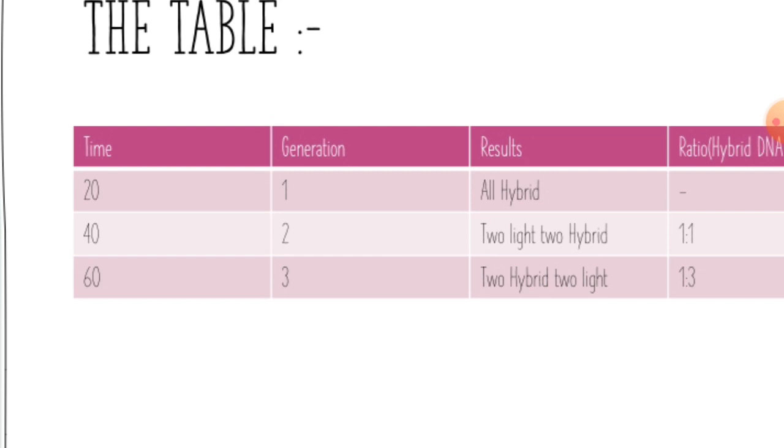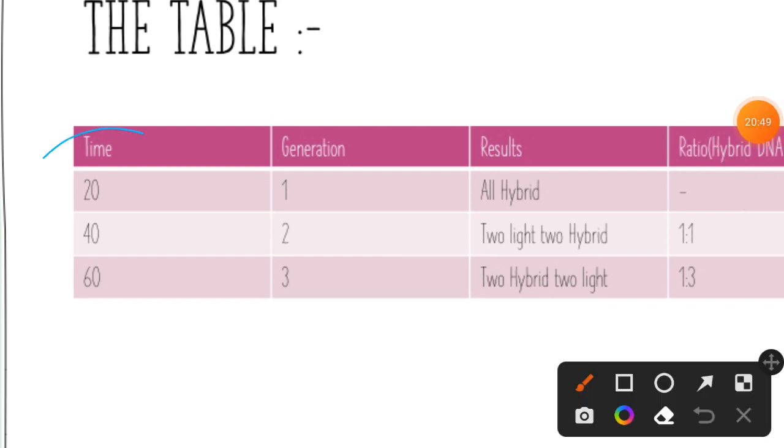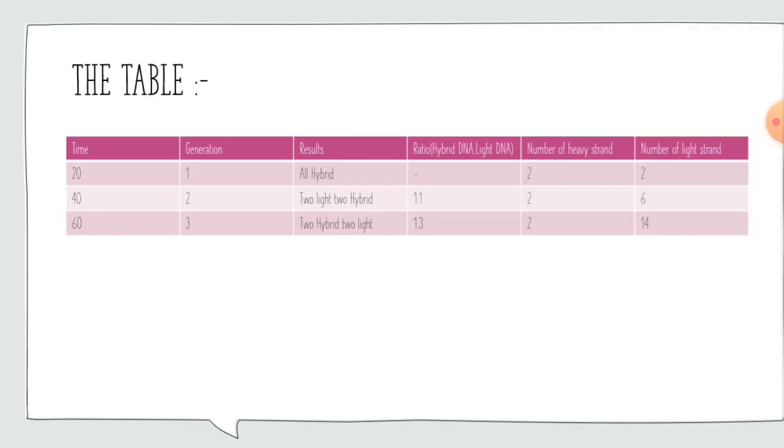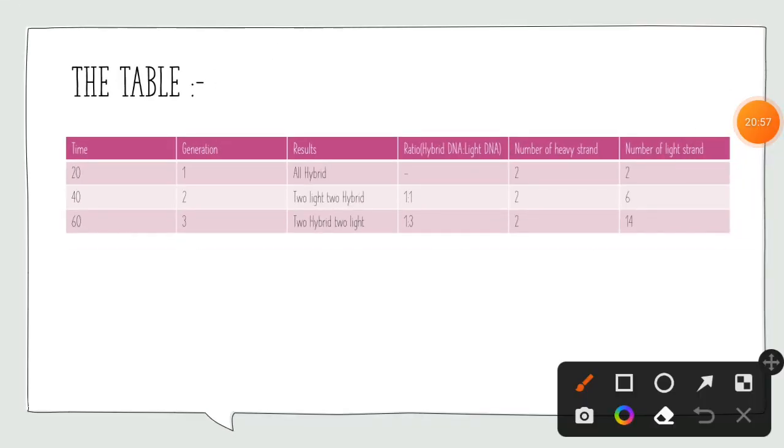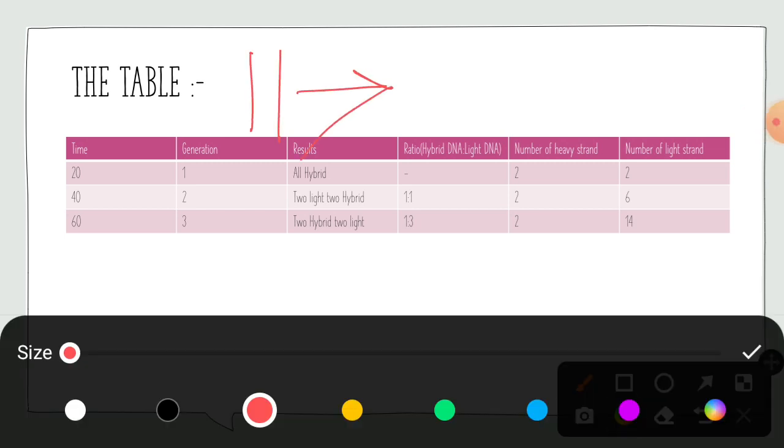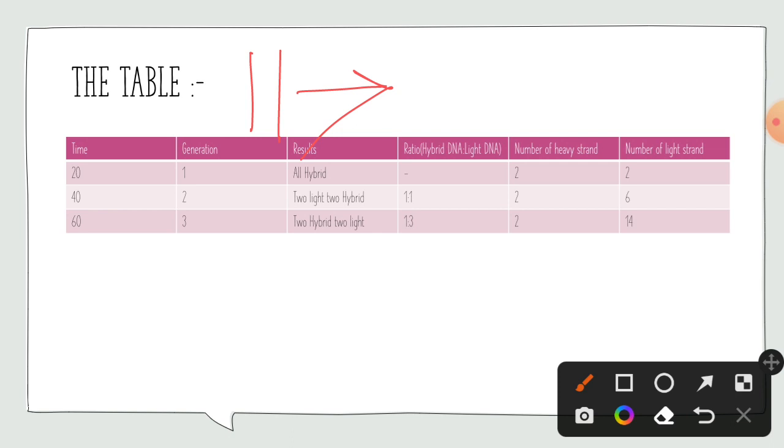After the 20 minutes, that is the end of generation 1, all will be hybrid, right? Because the parental DNA consisting of 2 heavy nitrogen strands will be divided into 2 strands, and each strand will have a newly synthesized DNA molecule. That is how we get a hybrid DNA. So all will be hybrid.